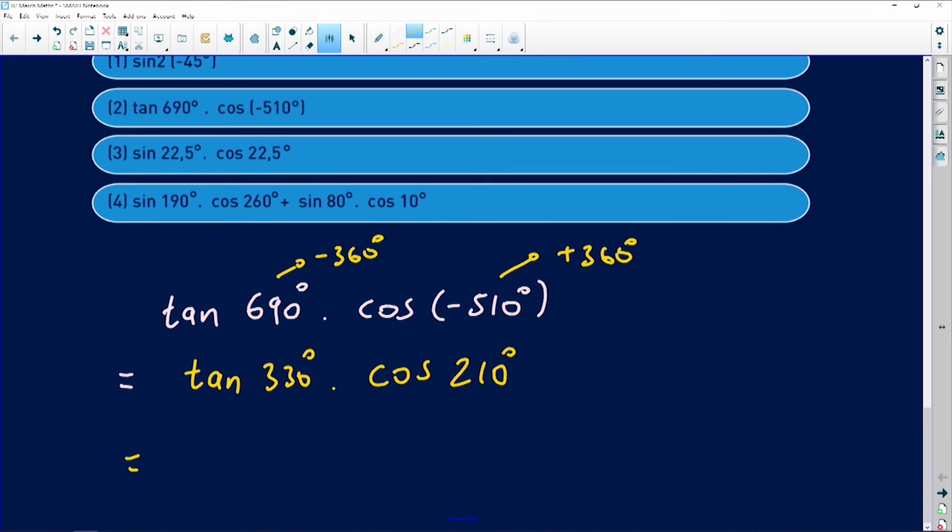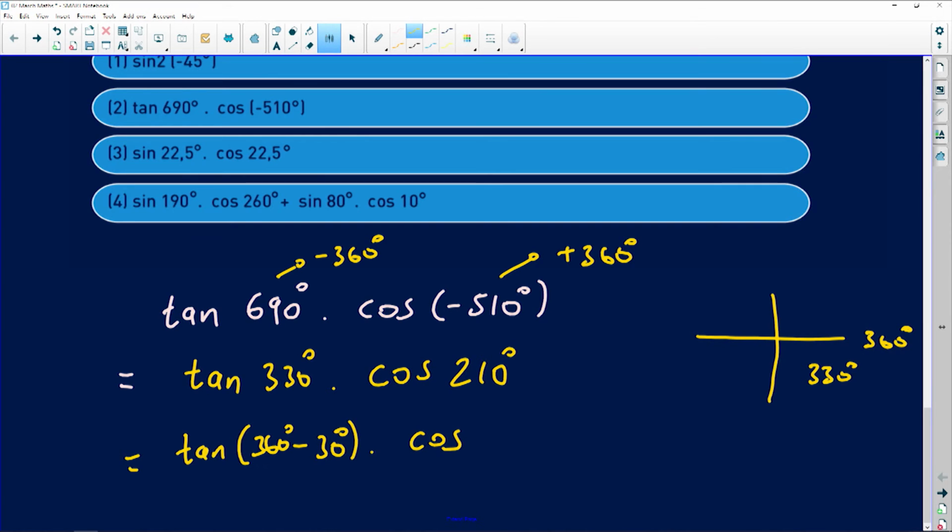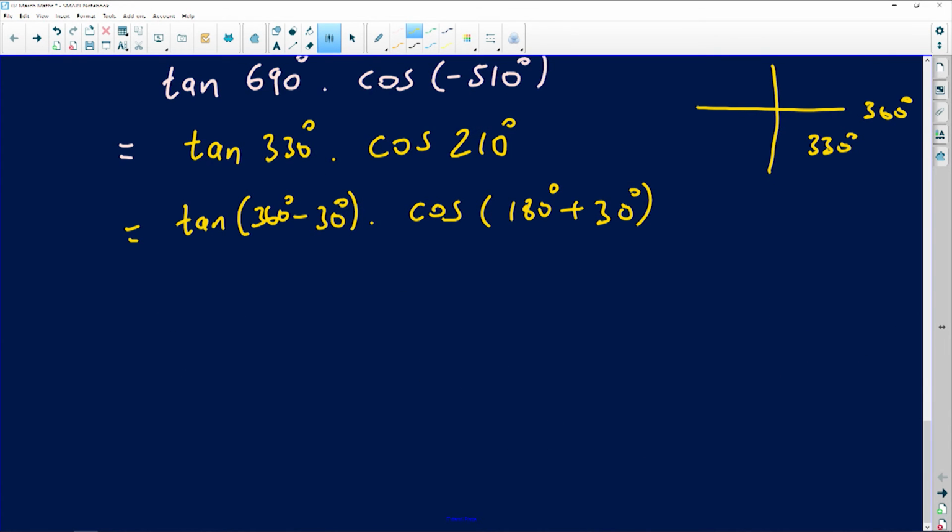And then from there, it's just a simple question of asking yourself, in which quadrant does 330 lie? You'll agree with me that 330 degrees lies in the 4th quadrant, so we can simply use 360 degrees minus something, right? So this is the tangent of 360 minus 30 multiplied by the cosine of 180 degrees plus 30 degrees, which is going to give us 210, and you'll simplify.